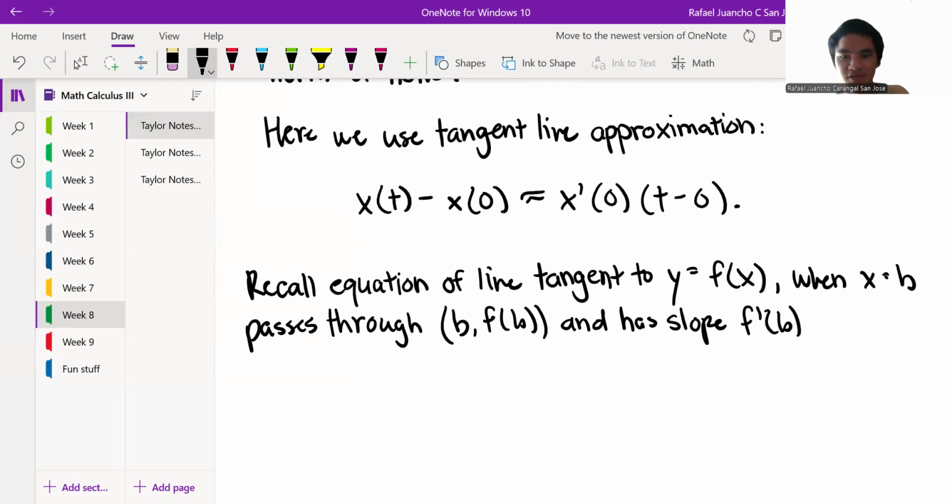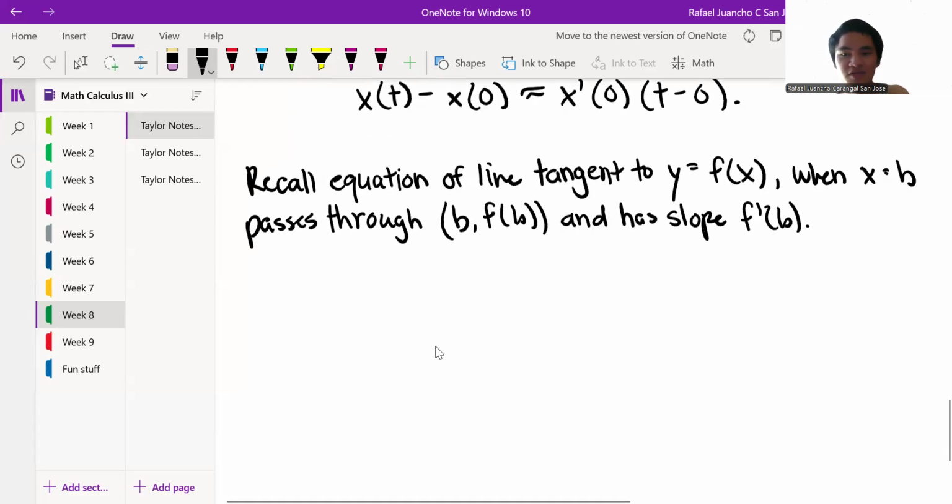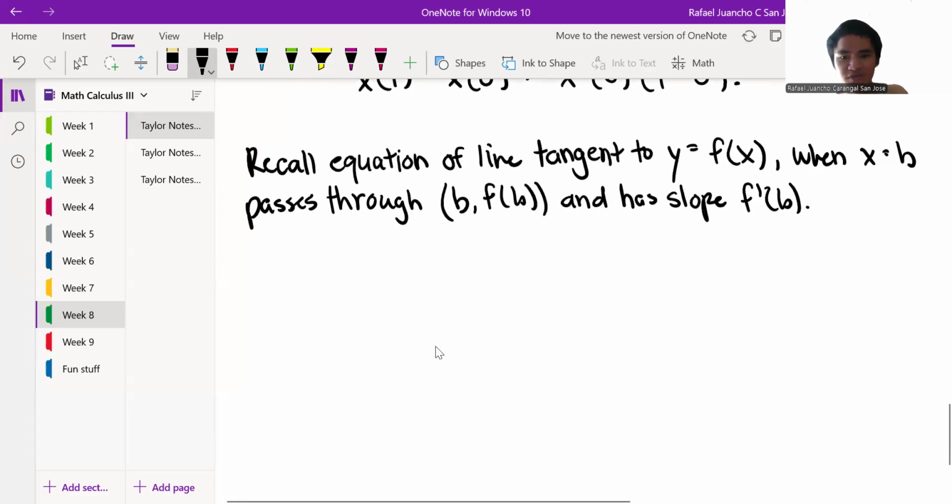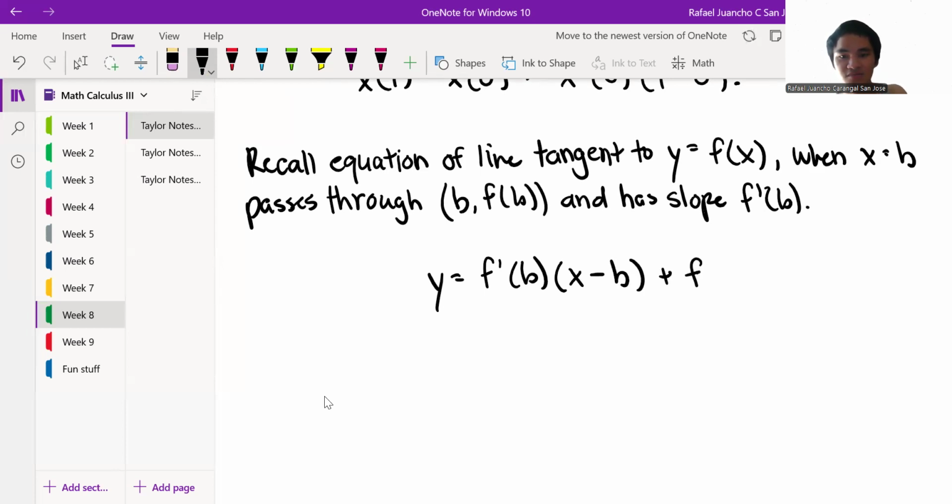And so the equation of that line would be something like y minus, or actually, I'll write it my way. I'm not used to seeing it in that notation. I'll write it this way. Y equals the slope at b, some value of x minus b, then we add our y.